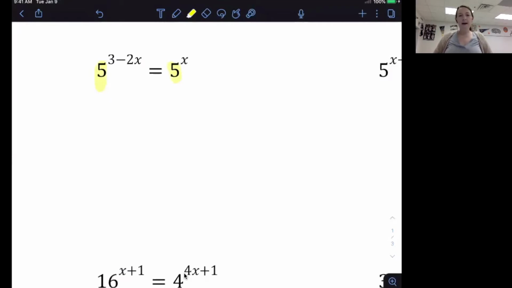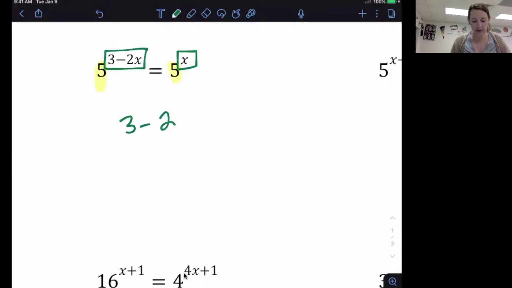So the only way 5 to the 3rd power is going to equal something else is if it's also 5 to the 3rd power. When we have the same bases, the exponents have to be equal in order to create an equivalent statement. So once we get our bases to match, we just take our 2 exponents and set them equal to one another. So this would be set up 3 minus 2x equals x.